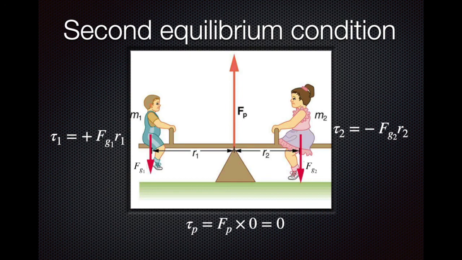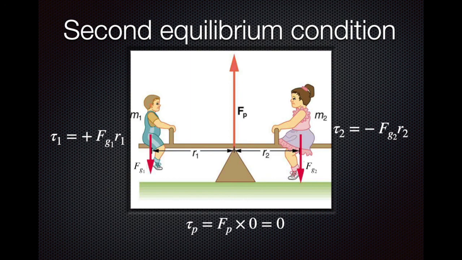Well, that's because they are perpendicular to each other, right? So I'm looking for the perpendicular component of the force of gravity in this case, but that would be the entire force, because the force is perpendicular to the moment arm. The other way that you can think of that is, well, the sine of 90 degrees, if you wrote down the whole calculation, the sine of 90 degrees is equal to 1.